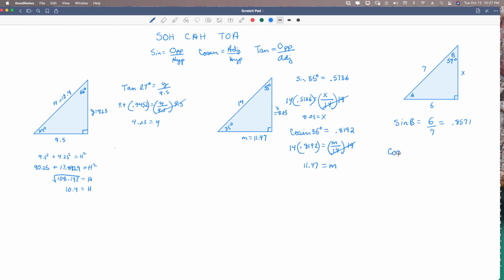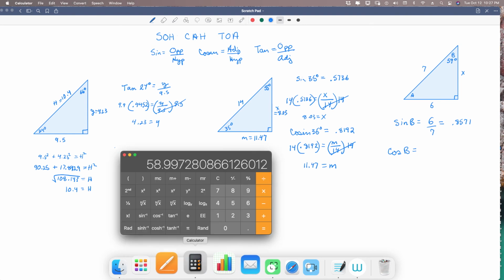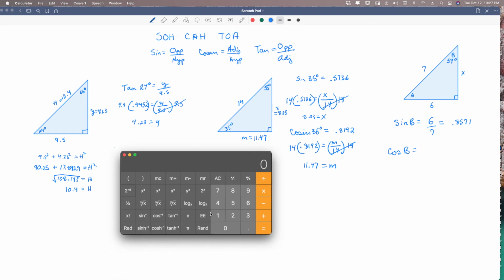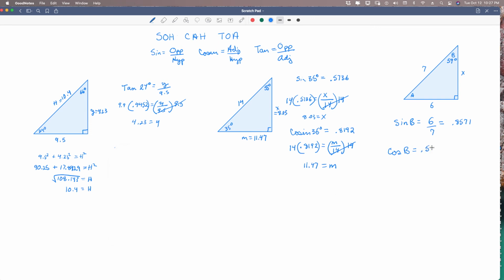So the cosine of B is equal to what? B is 59 degrees. So the cosine of B is 0.515. All right, now we say 0.515 equals, cosine is adjacent, that's x, over the hypotenuse, which is 7.